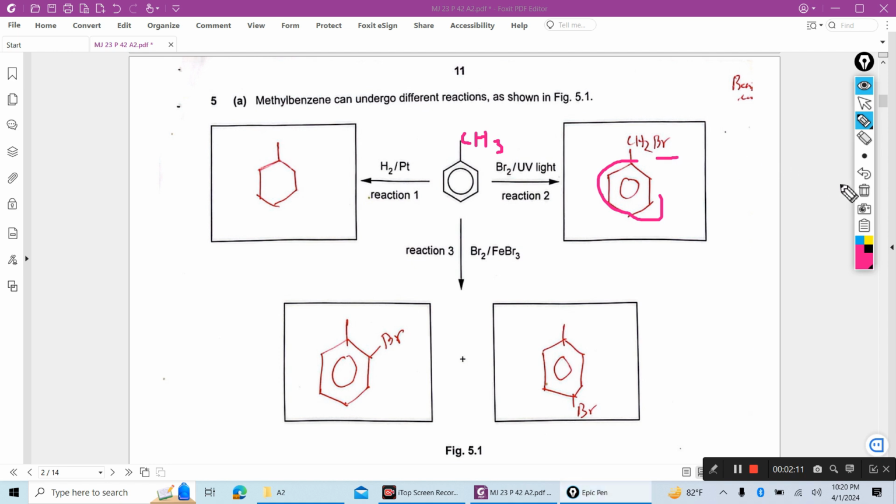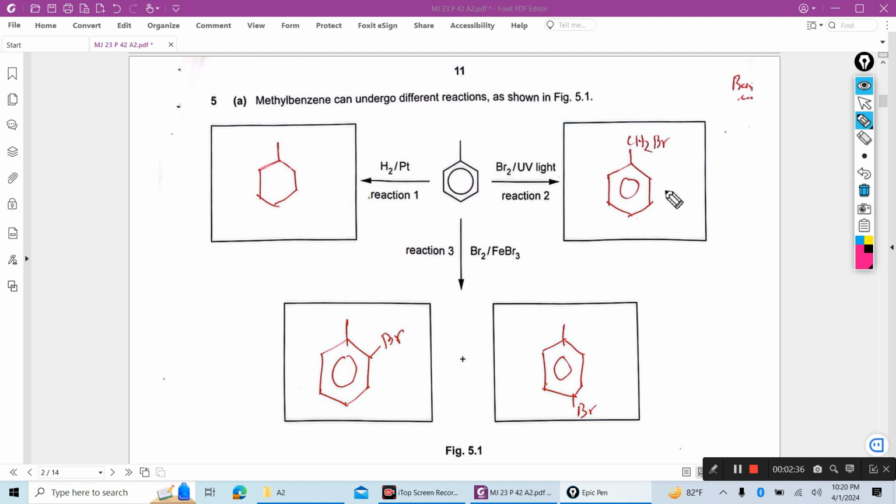Now, reaction 1: the reagent is hydrogen in presence of a platinum catalyst. Here there are benzene double bonds, so these double bonds will break down and 6 hydrogens will be added.